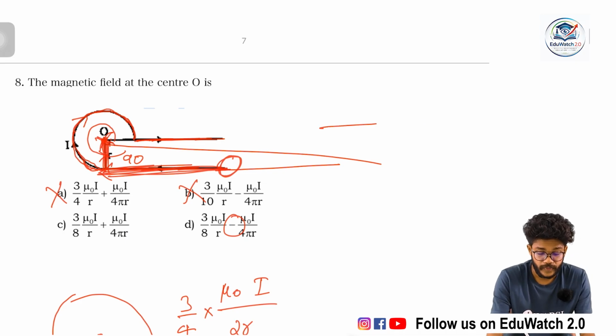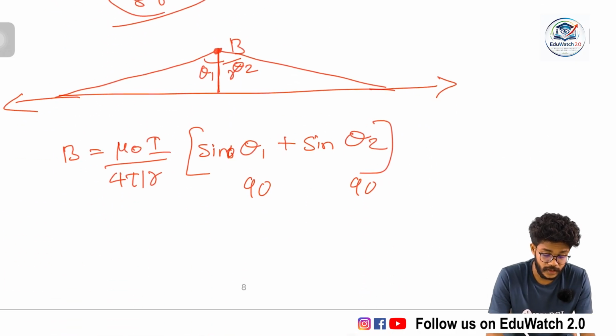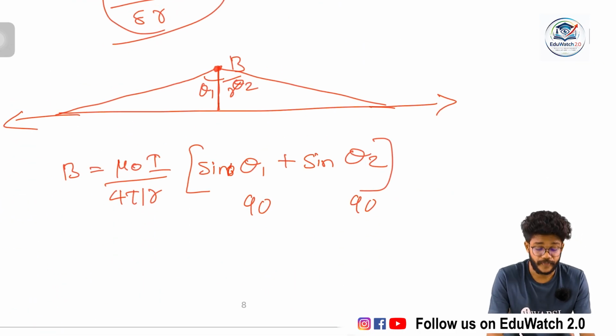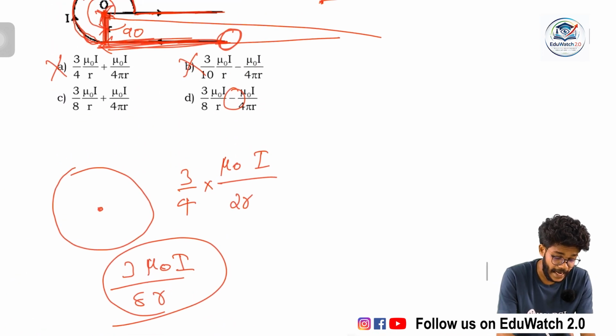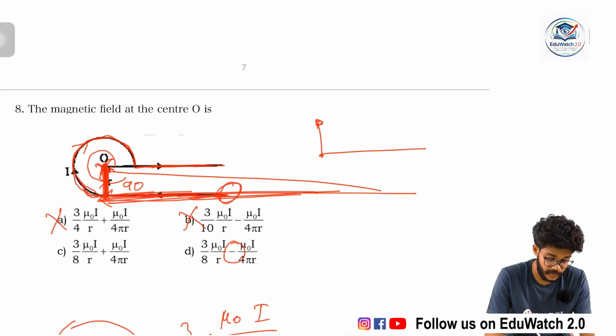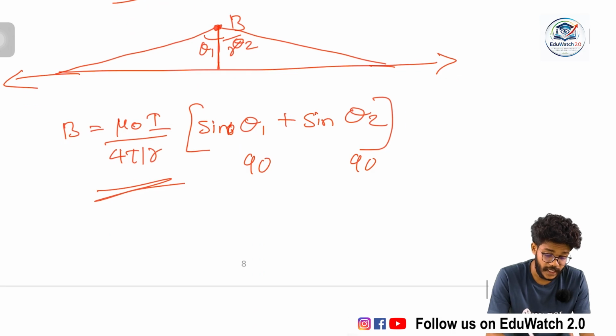So what is the magnetic field at the end of a line? Sin 90 is 1, so the magnetic field at the end of a line is mu 0 I by 4 pi r. Just add the magnetic field due to an infinite line at one of its ends, mu 0 I by 4 pi r. So option C is the correct answer, and you have to study this equation.